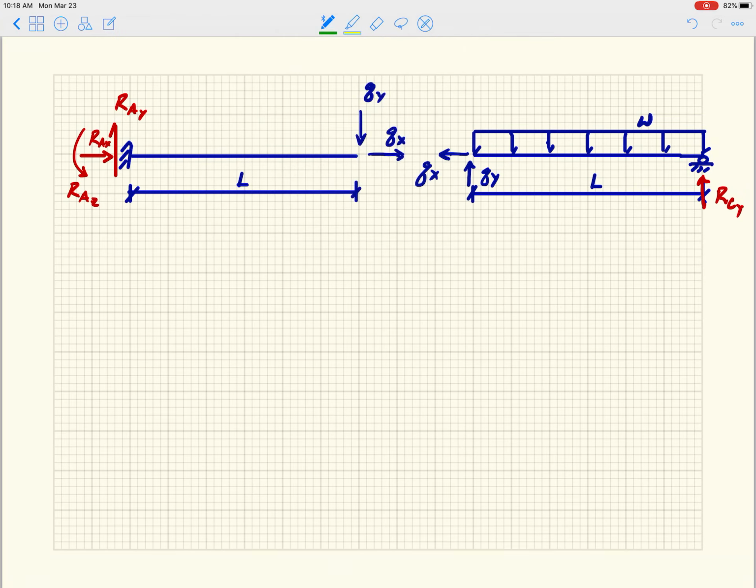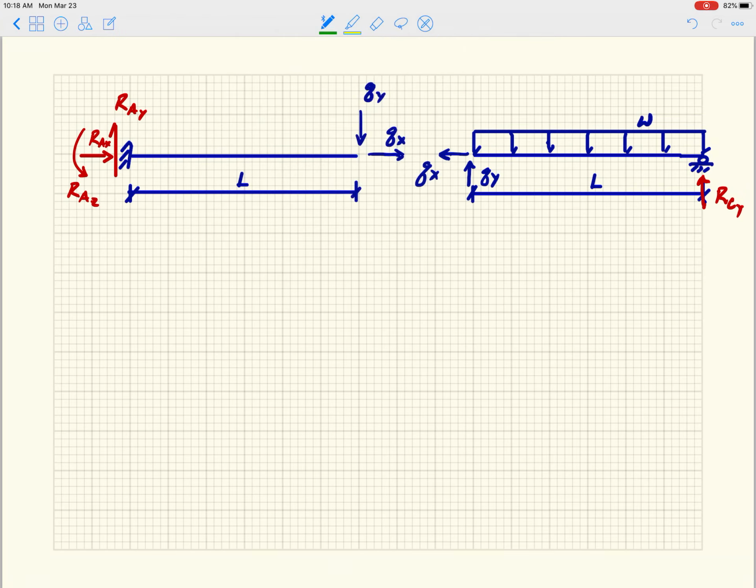And there you will get RAX equals 0. Again, that's a little trivial because we just don't have any loads in that direction. Right? So those are our important reactions, right? So now we've sort of resolved the entire structure.